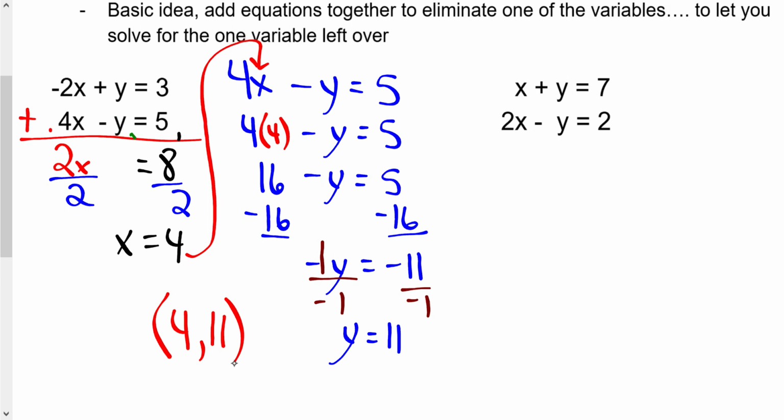You can go to both equations, not just one, both equations, plug in the 4 for x, plug in the 11 for y, and see if it makes both equations what? True. That's all it is. Could you all go and use this skill right now for that second system of equations that we have over there? Just add them up, go find your first letter, plug it back in to go find your second letter.